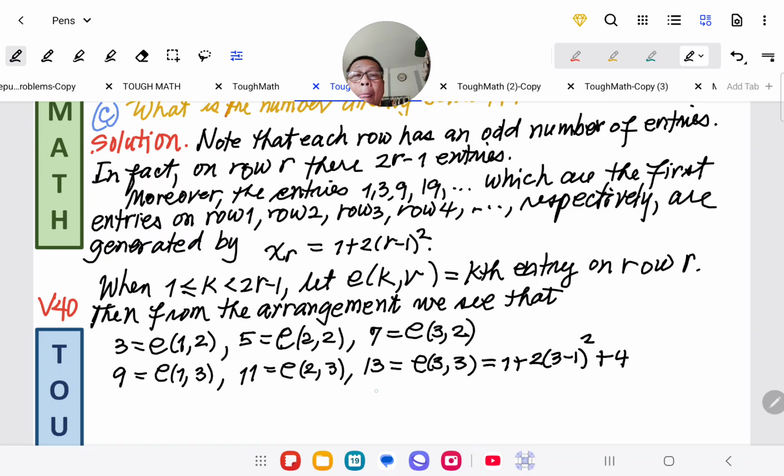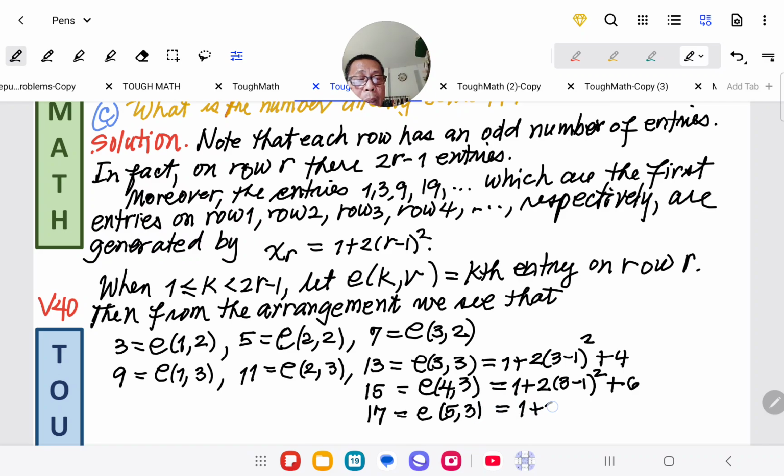And 15, which is the fourth entry on row 3, can be written as 1 plus 2 times (3 minus 1) squared plus 6. And 17, the fifth entry on row 3, is equal to 1 plus 2 times (3 minus 1) squared plus 8.